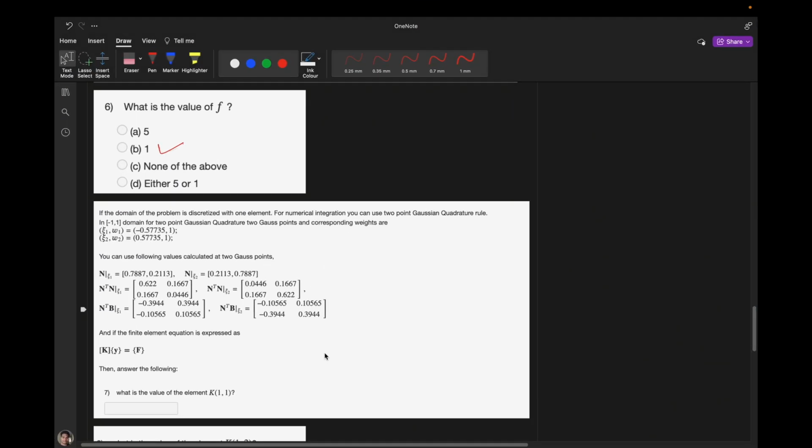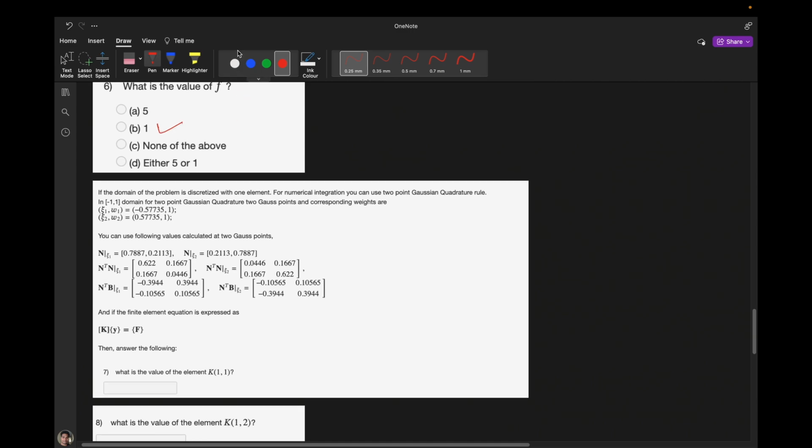In this problem, the same problem is given, but now we will solve it with coding and discretize it. Here you can see that it is asking to solve with only one element.